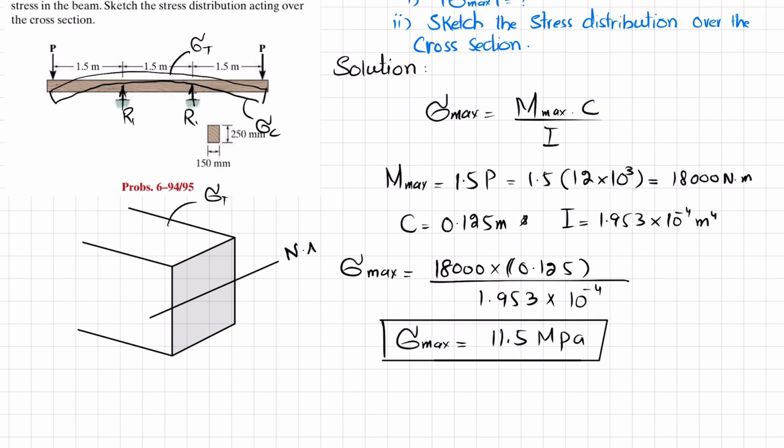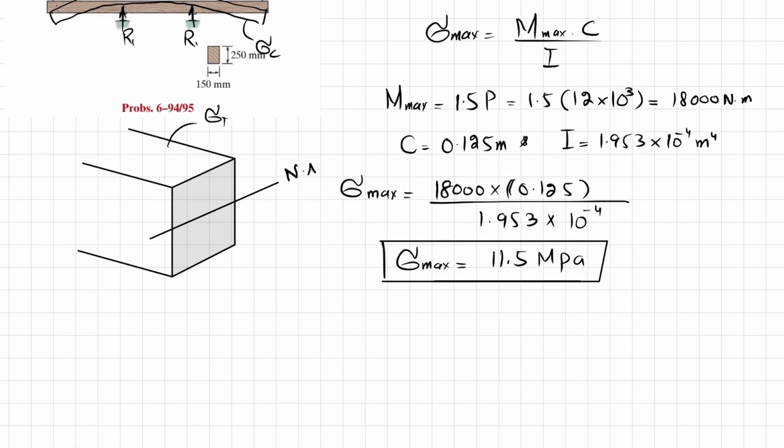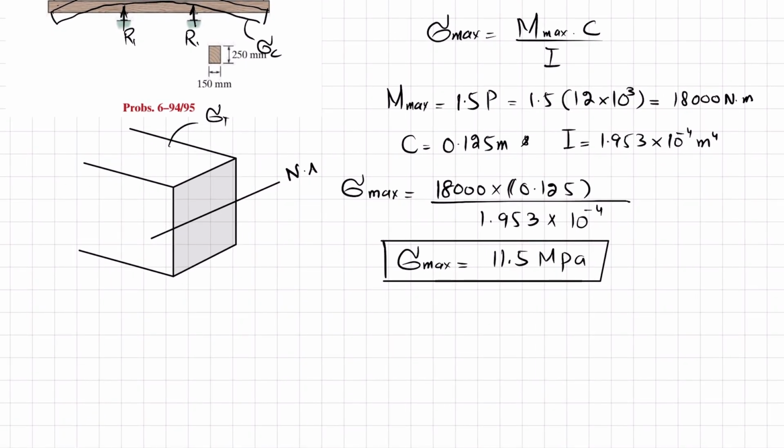And you know that maximum stress is at this point. I will draw a vertical line, horizontal line. So this will be the maximum stress, and the bending stress is 0 at neutral axis.